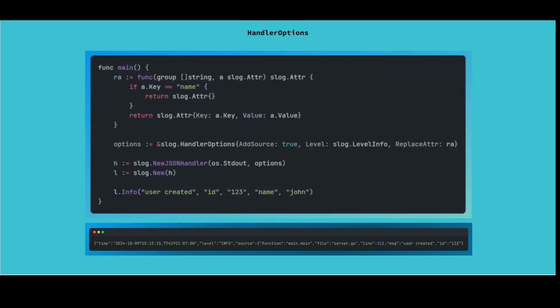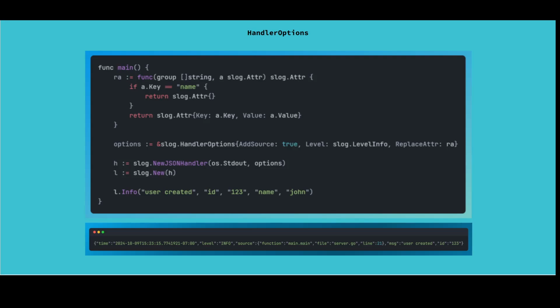Now let's go to the handler options. I touched upon this, but the options available are AddSource, Level, and ReplaceAttr. AddSource is false by default, but if you set it true, in the output at the bottom you can see that it adds things like the function, where it happened, and the file that it happened in.